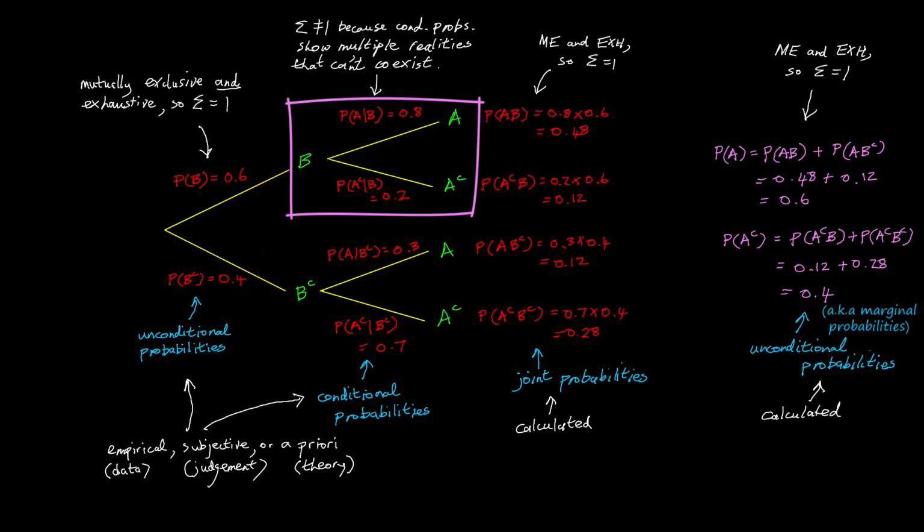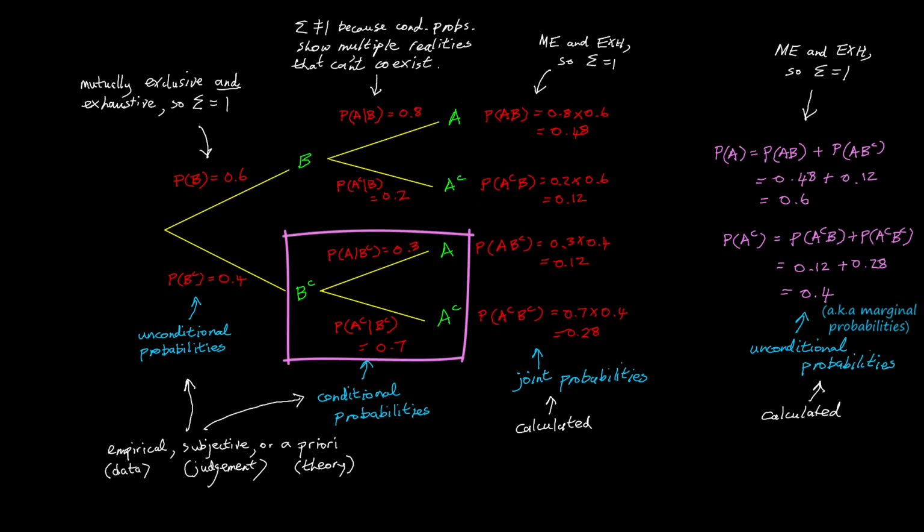So if we look at the two branches coming from event B occurring, those two indeed are mutually exclusive and exhaustive. However, going further down, the not B node itself represents a separate reality that cannot coexist with B occurring. And once again, there we have events A and not A together representing a sample space in which the two probabilities add up to 1.